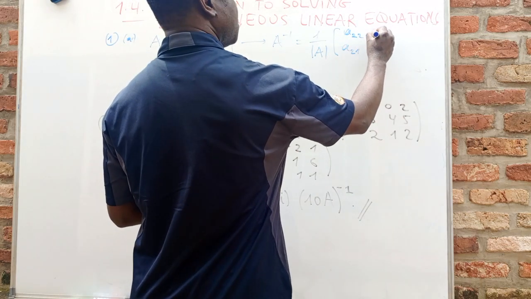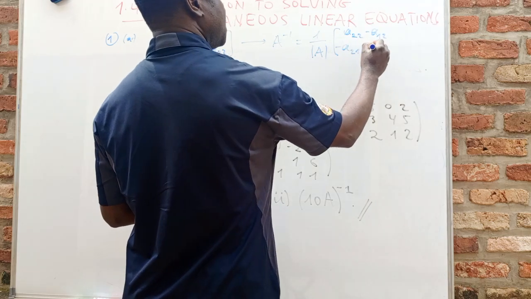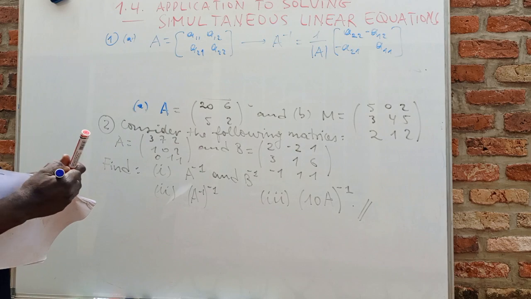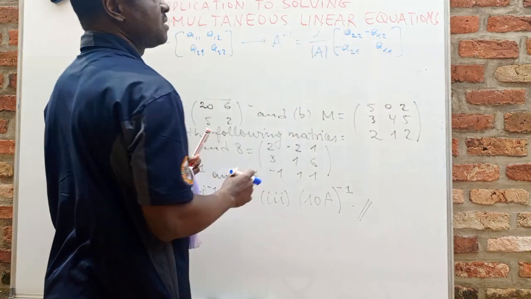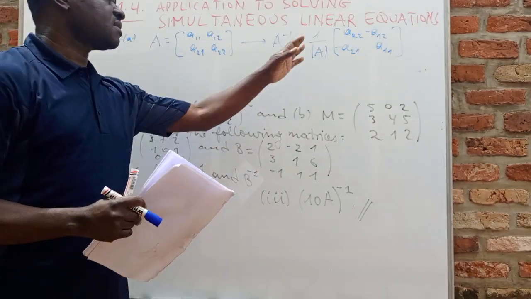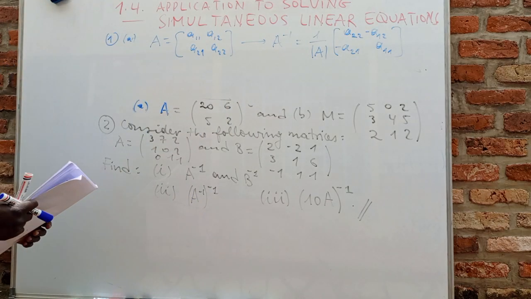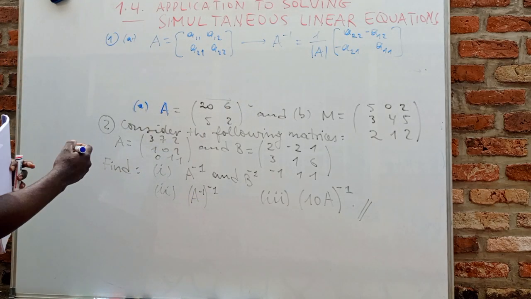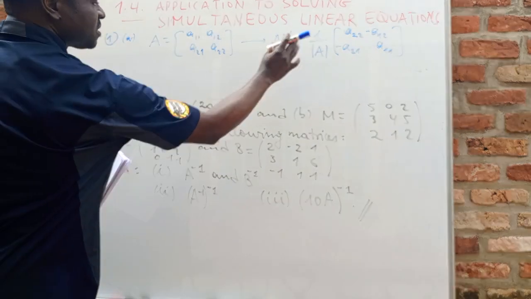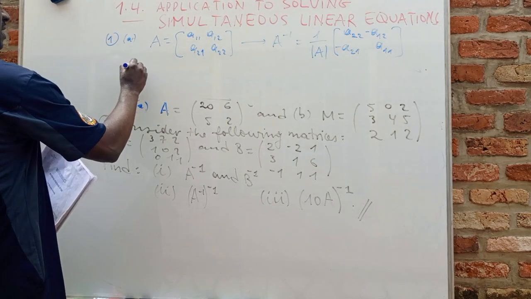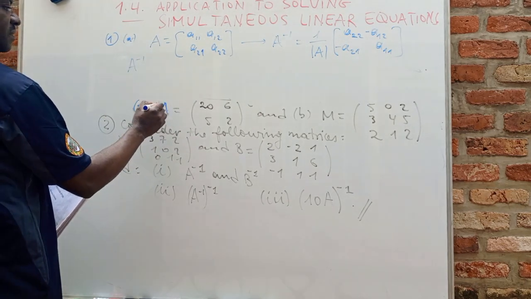So A12, you take the opposite, and you have A11 here. There are different techniques, as we have studied, which can produce its inverse like that. So in this case, using this formula, we can find the inverse of matrix A here.